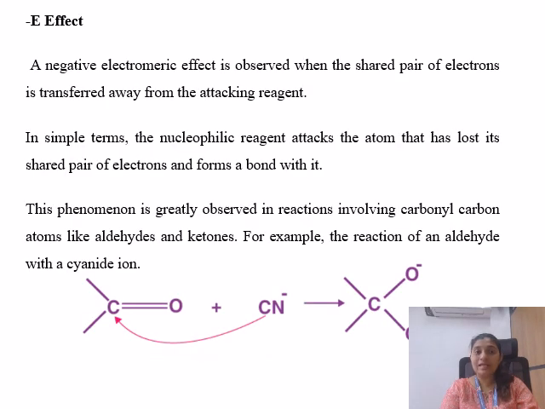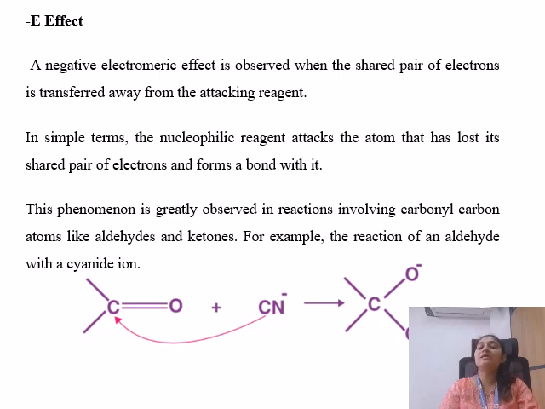Coming towards the negative electromeric effect, that is what we had explained with C double bond O. In that C double bond O, the oxygen is more electronegative than the carbon, so that's why the oxygen will contain the negative charge and carbon will contain the positive charge. When we are talking about the reagent, at this time instead of the electrophile, here we are using the nucleophile.